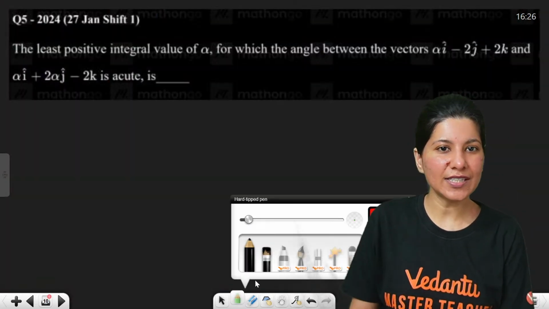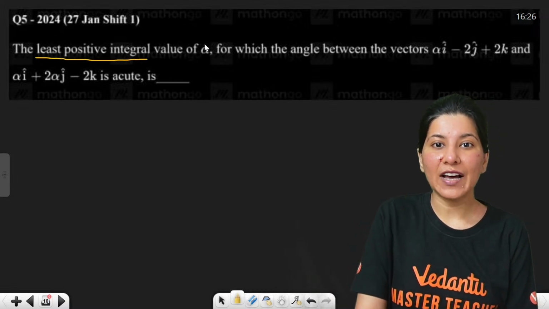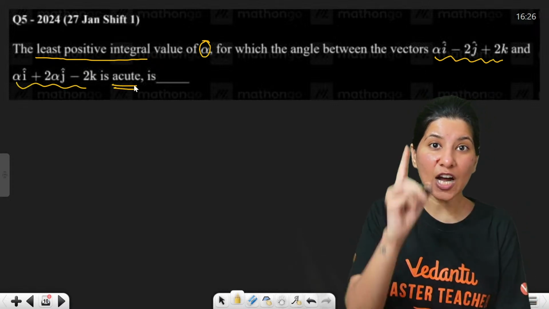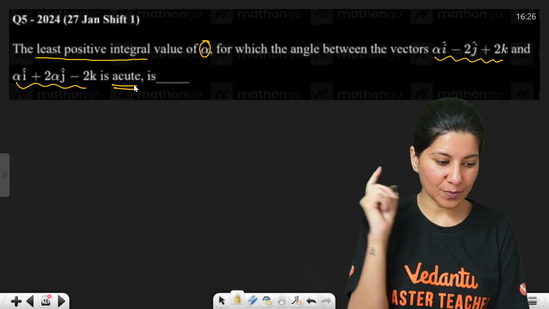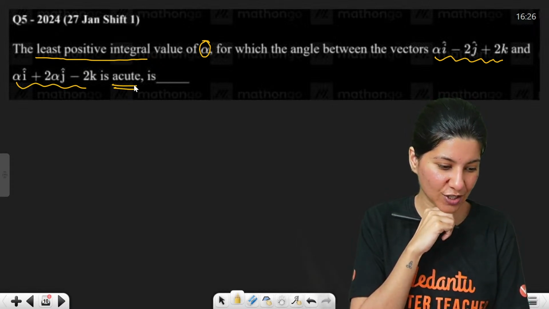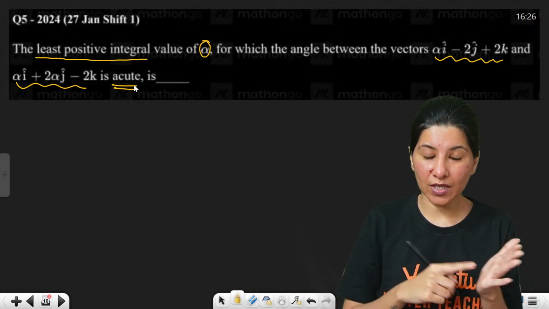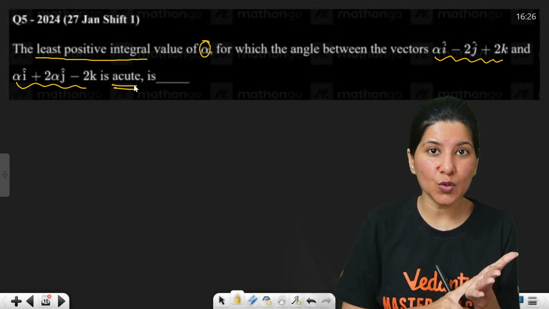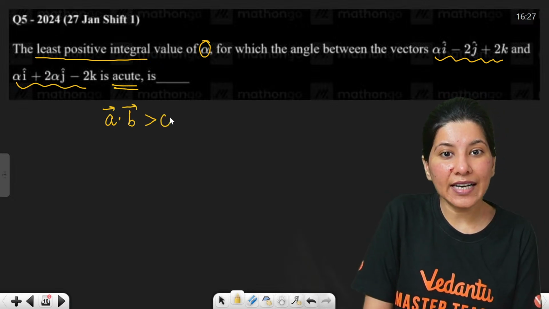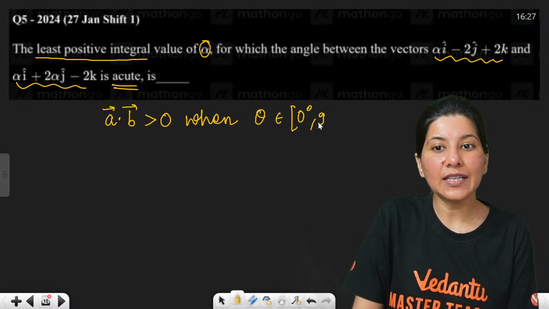Okay, alright. Now this is again an easy peasy lemon squeezy question. The least positive integral value of alpha for which the angle between this vector and this vector is acute. I have told you while teaching, if you have written it down in your vectors notes, what happens to the dot product: A dot B is greater than 0 when your theta belongs to 0 degree to 90 degree.